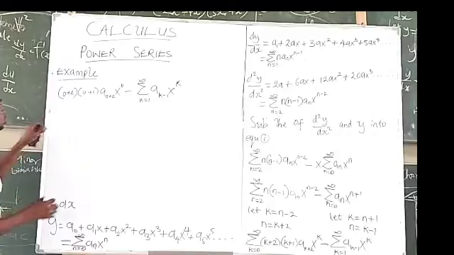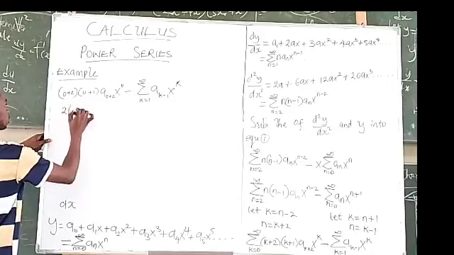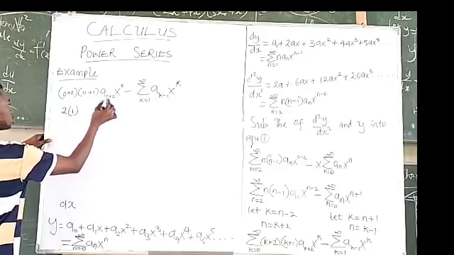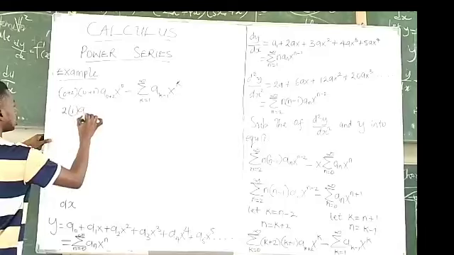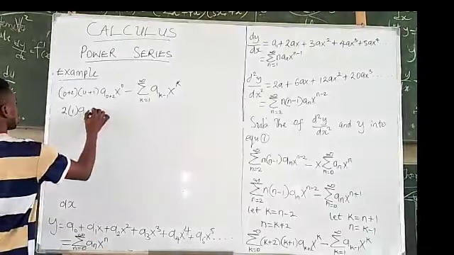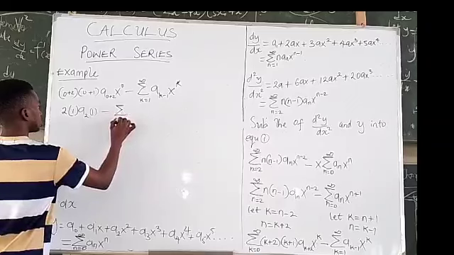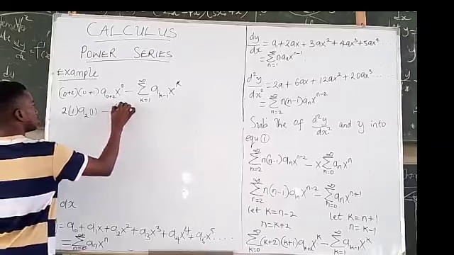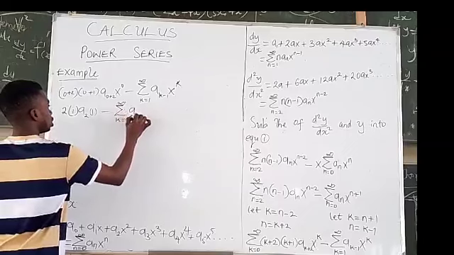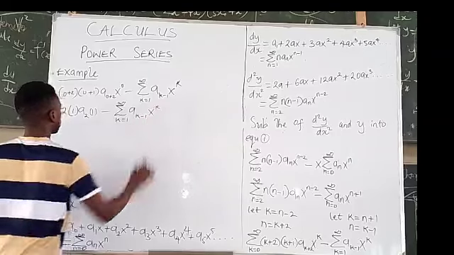Okay, from this will become 2 times 1, then this becomes a2. Then x to the power 0 becomes 1, minus summation k equal to 1 to infinity a k minus 1 x to the power of k.